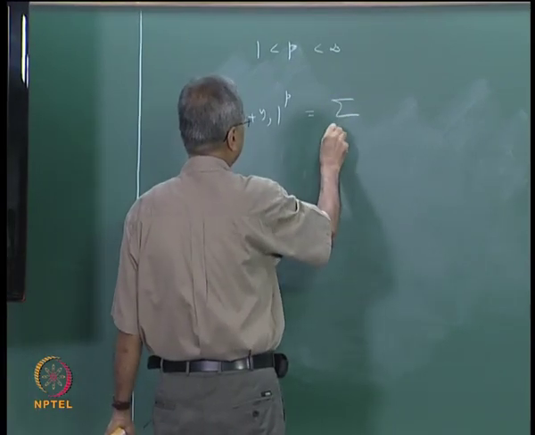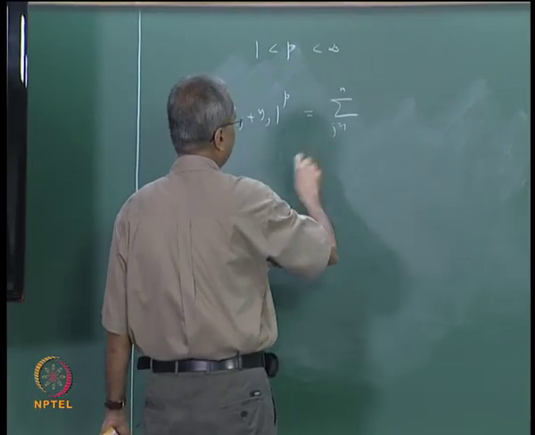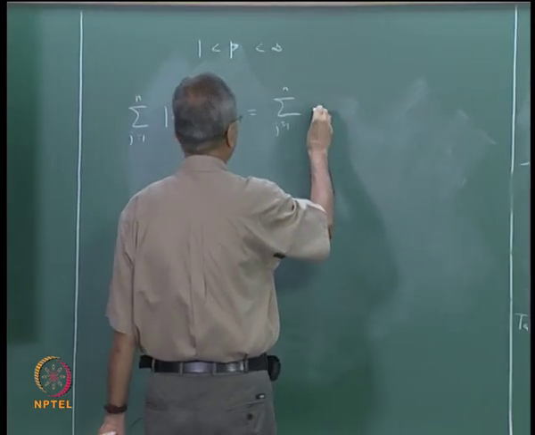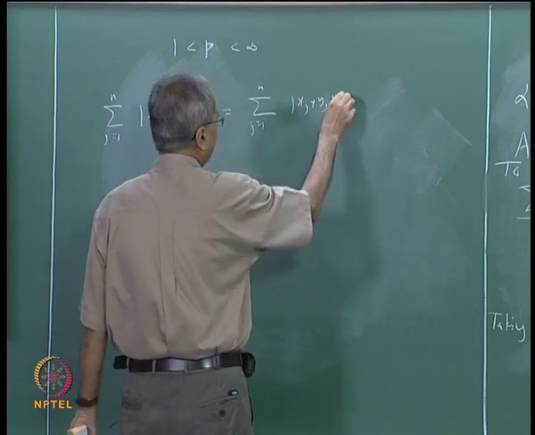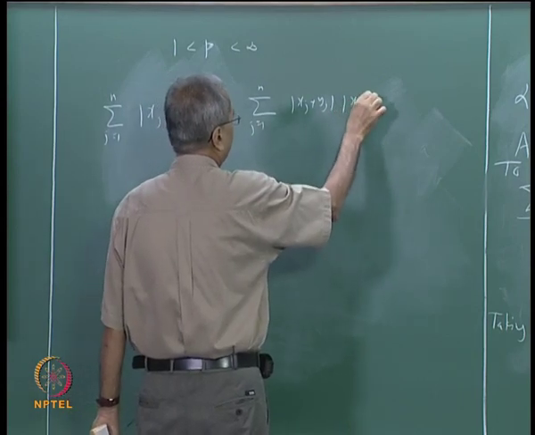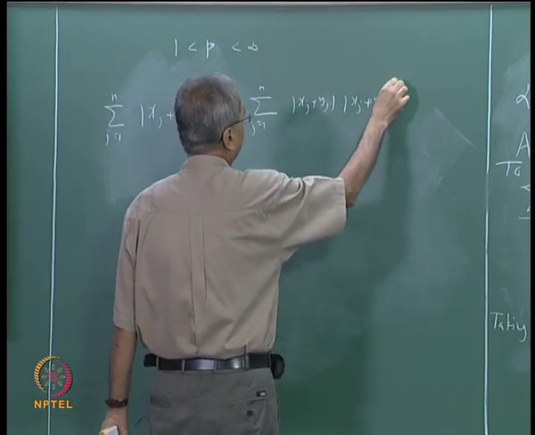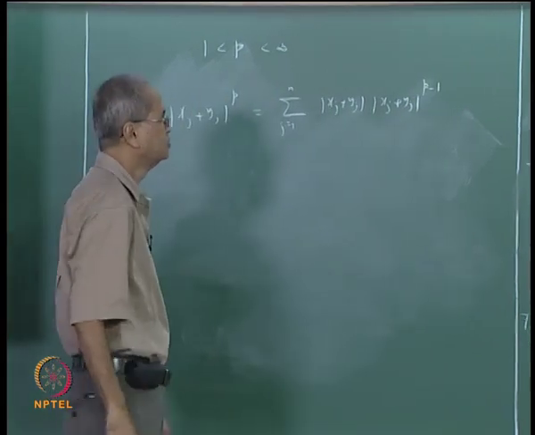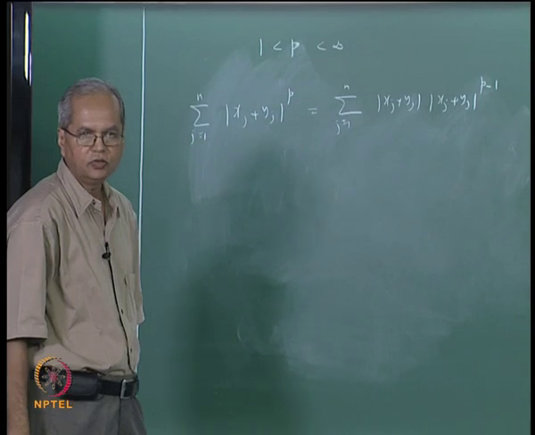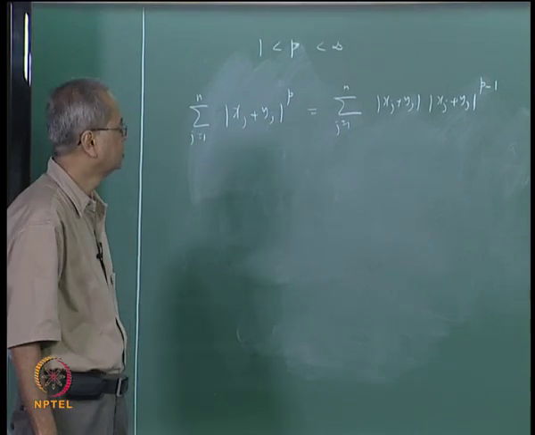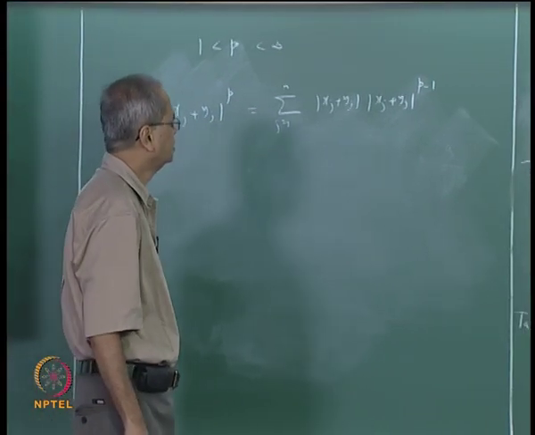So I can write this as sigma j going from 1 to n, mod xj plus yj, into mod xj plus yj to the power p minus 1. I can do that, fine.